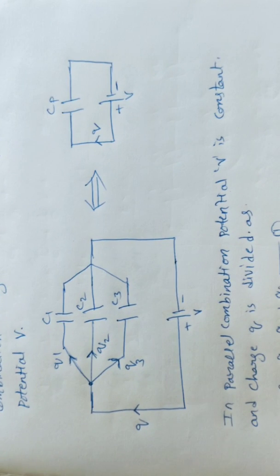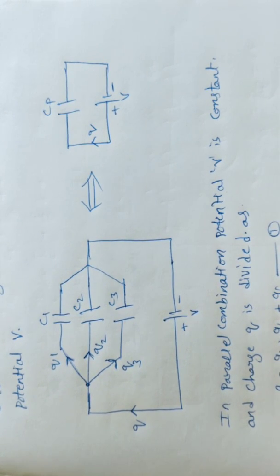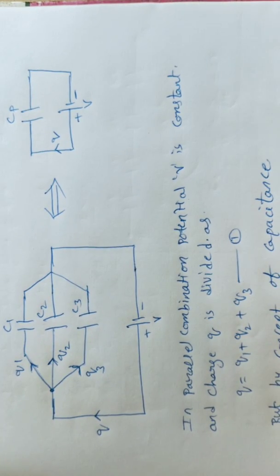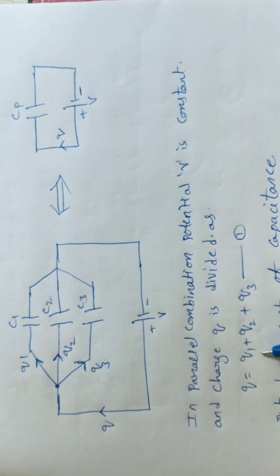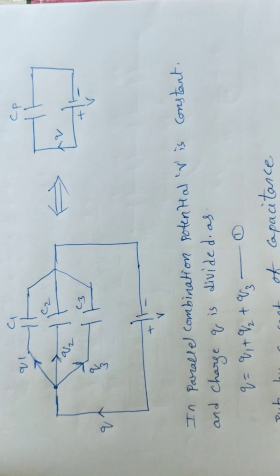From this diagram we conclude that in parallel combination the charge is divided. If charge is divided, which one remains constant? The electric potential remains constant. The total charge is represented as Q equal to Q1 plus Q2 plus Q3.